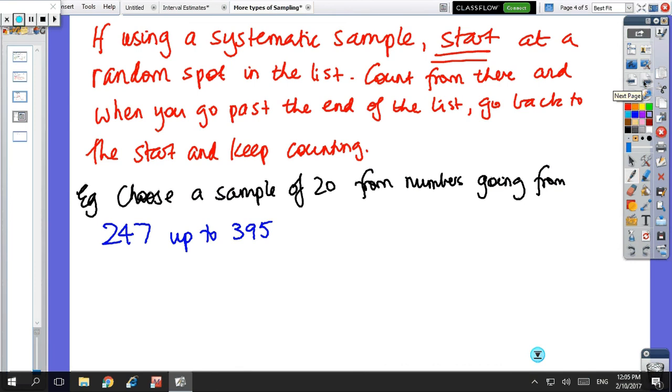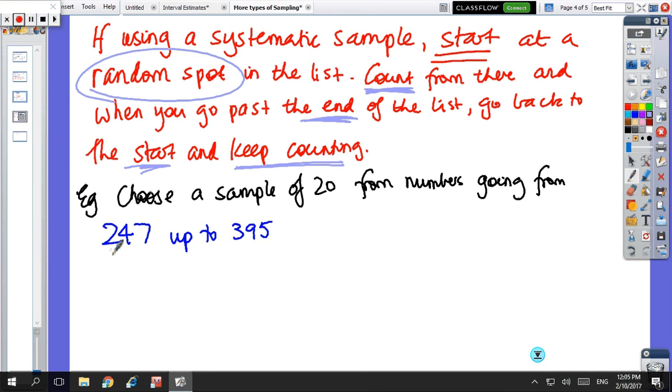Okay, so if you're using a systematic sample where you're taking every nth person, you start at a random spot in the list and you start counting from that person. And if you go past the end of the group, then you just go back to the start and just keep counting. So that sounds a bit complicated, but when you have a look at the example, it'll make more sense.